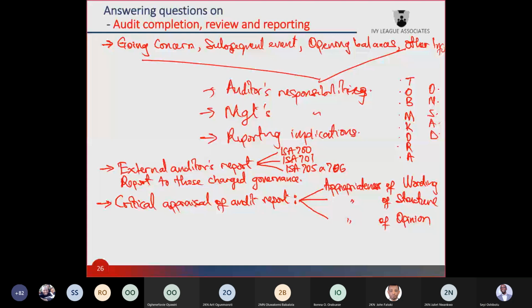Next, appropriateness of referencing. There are different ways referencing may be wrong in an audit report. It could be due to error of commission or error of omission. Commission, what do we mean?